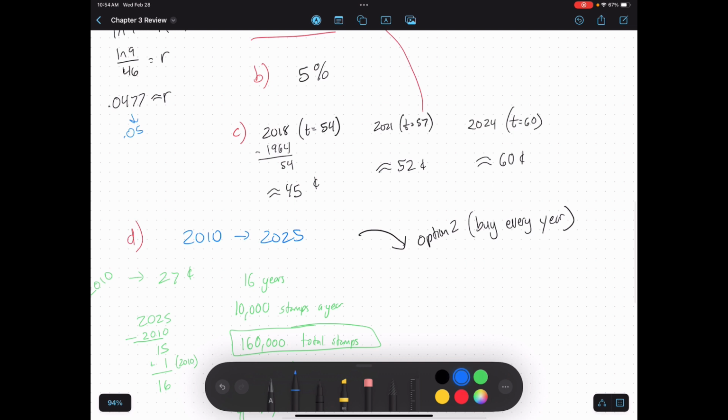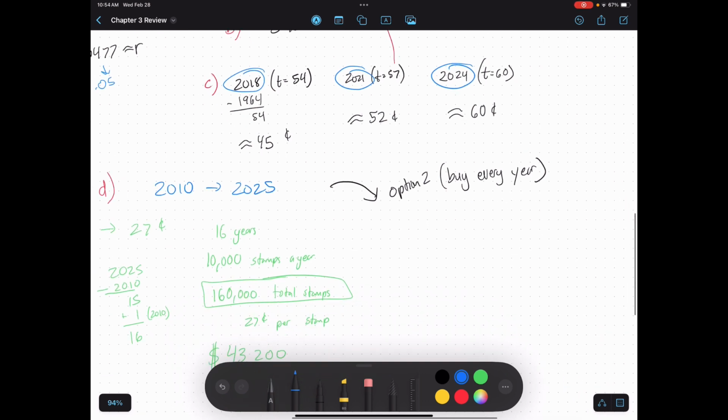So the answers we got in part C represent when there will be a postage increase. So the postage will stay the same price until it gets to these 3 years, and then the price is going to jump up.